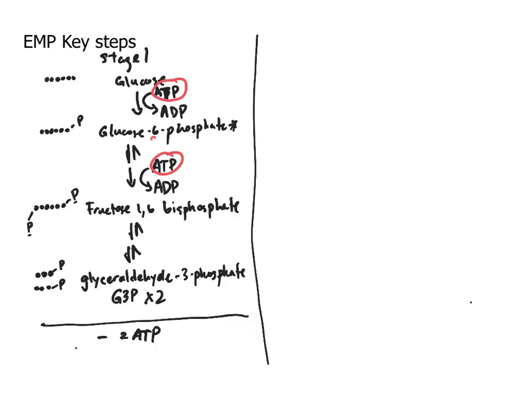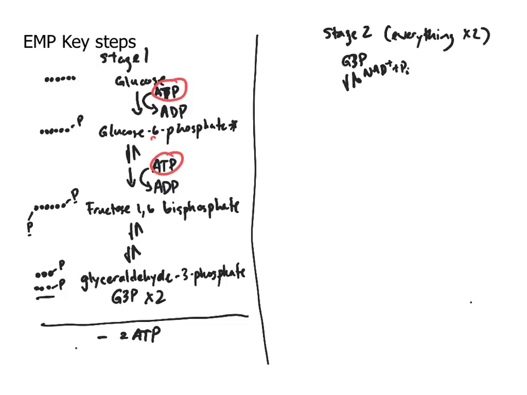Okay, now for stage 2, it's basically everything times 2. Because now you have 2 of these, each one of the G3Ps is going to go through stage 2 separately. So you have G3P, and now I'm just going to write out the steps where the energy and the reducing power come out.